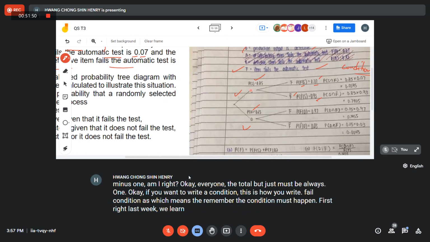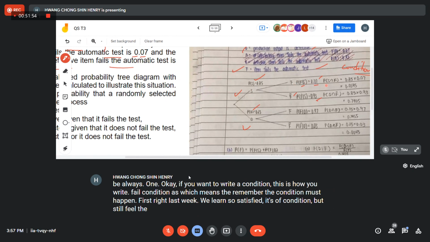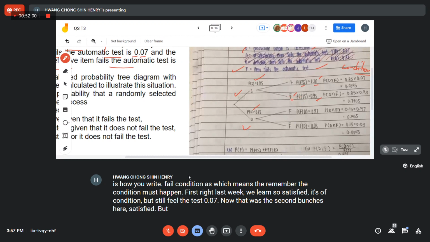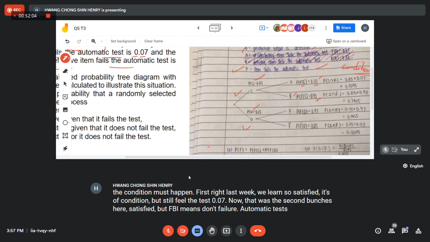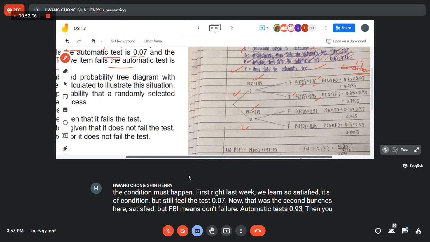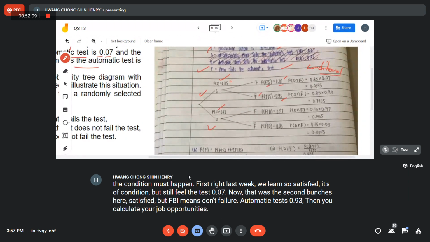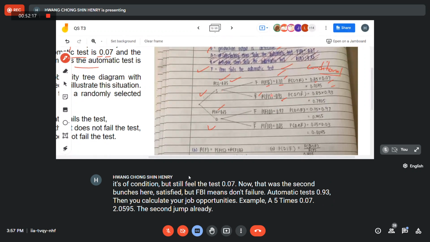Last week we learned. So satisfied is the condition, but it still fails the test, 0.07. In other words, the second branch here, satisfied, but F bar means don't fail the automatic test, 0.93. Then you calculate your joint probabilities, 0.85 times 0.07, 0.0595. The second joint probability, 0.85 times 0.93, you get 0.7905.